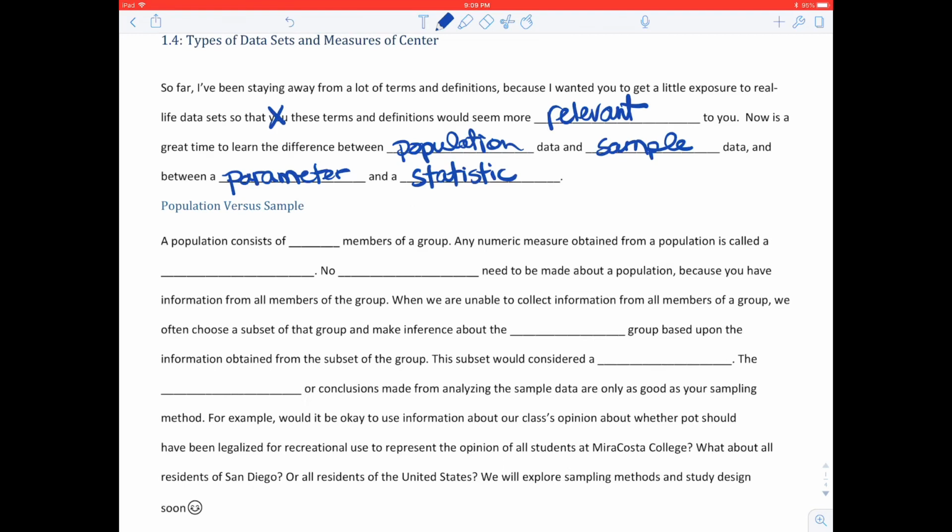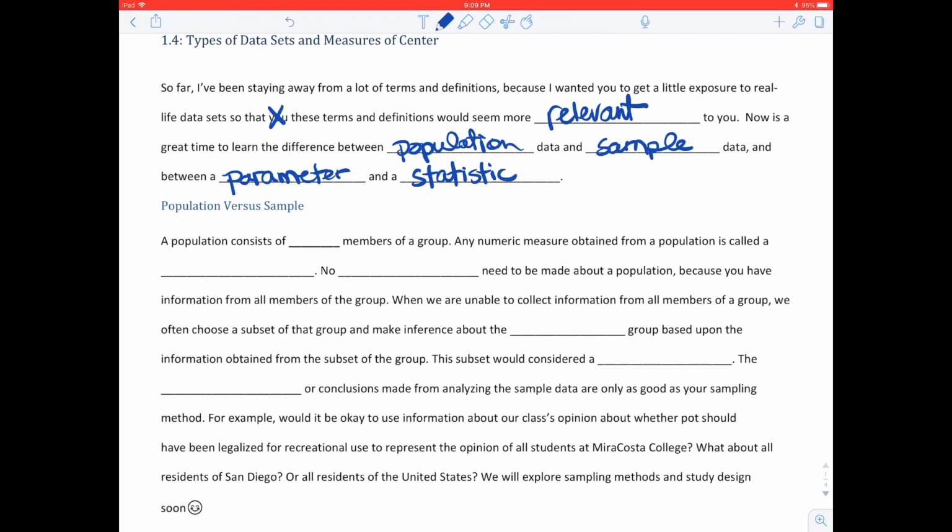Well, if you have population data, you don't need sample data. You don't need to make inferences. You know everything. You know what people think or the members in the group think. There's no need to make suppositions about the world at large based on a subset of the world at large. So kind of think about that as we go through with this video.